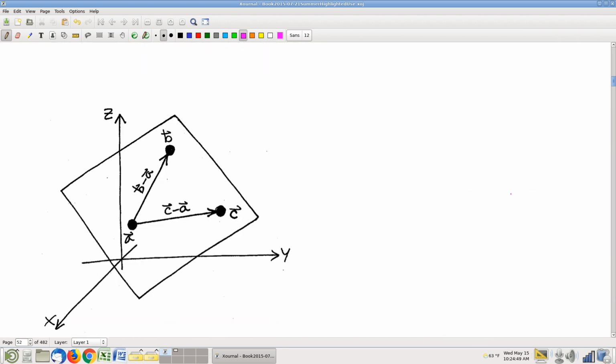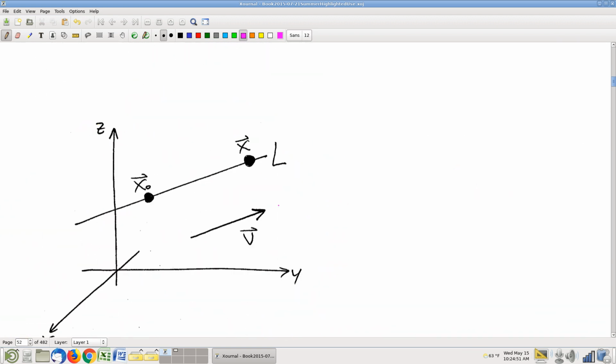So here's the idea. I'm going to say, look, a line is characterized by, you got to give me a point in the line, and then I'm going to ask that you give me a vector parallel to the line. That's a different geometric strategy.